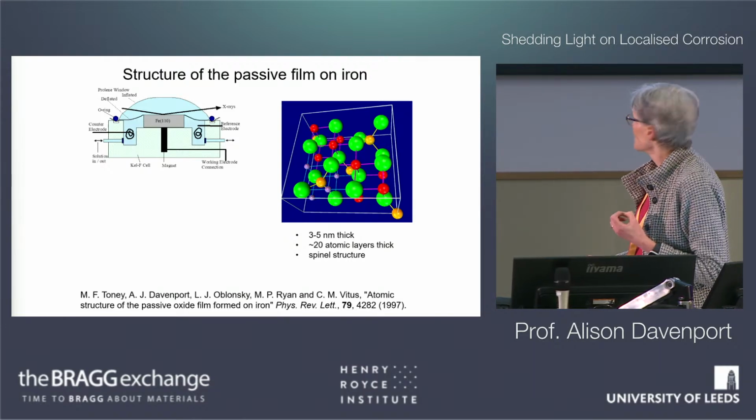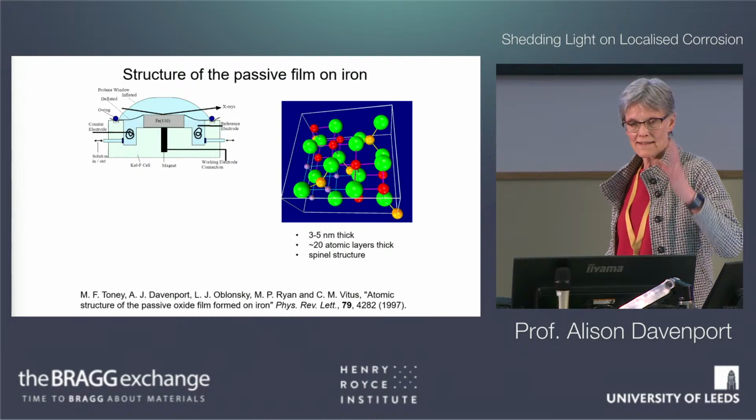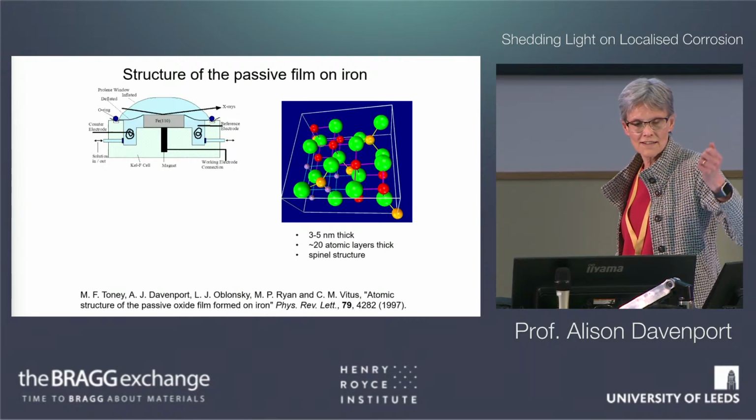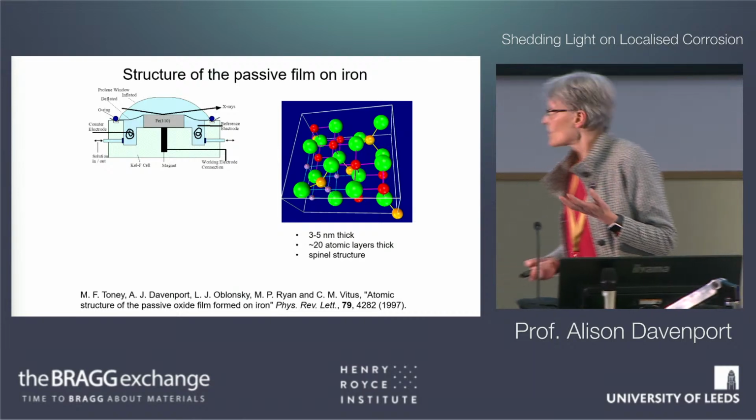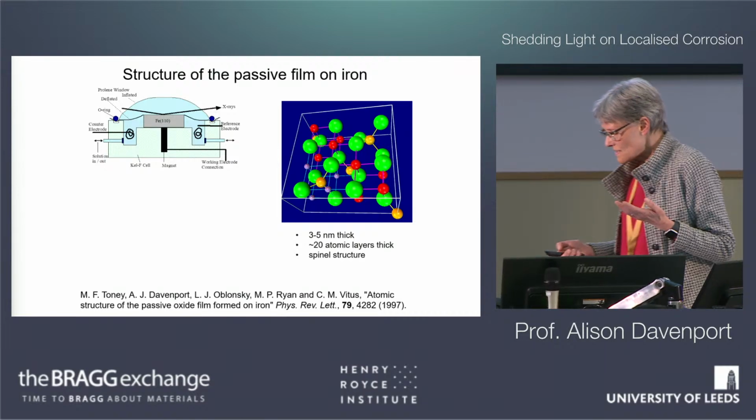It's about 20 atomic layers, but it's more than plenty for you to be able to see nice shiny steel when you wave it around in a wet environment. And this also has a very nice spinel structure.